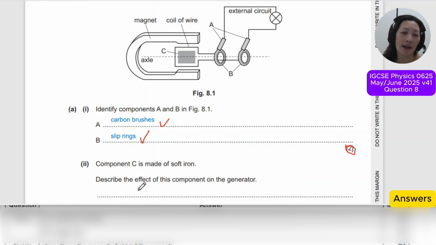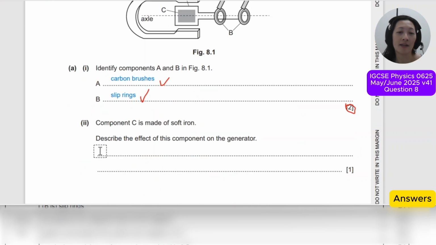But you don't write that here because the question's not asking you about what's so great about component C. It's asking you to describe the effect of this component. So soft iron, in addition to being a great temporary magnet, is able to increase the strength of the magnetic field. So that's why we use soft iron. That's the answer we're going to write here.